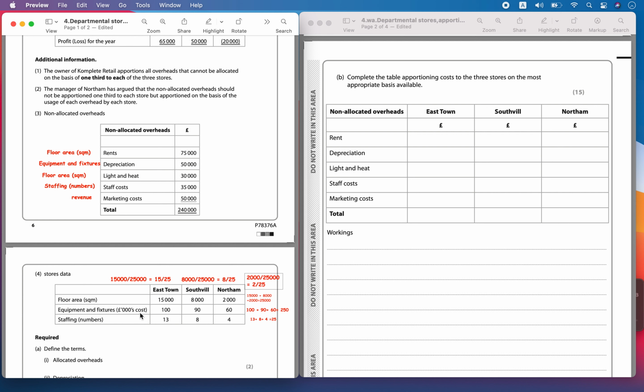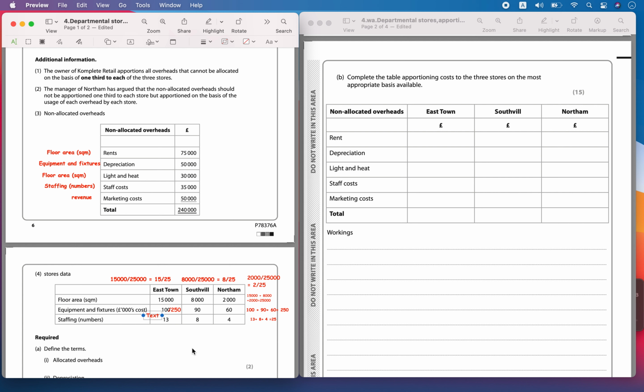Then for equipment and fixtures, which are in thousands, when you add up all the asset costs, it's going to be 250. Out of that, 100 out of 250 belongs to East Town.